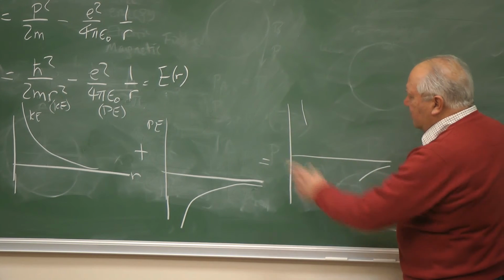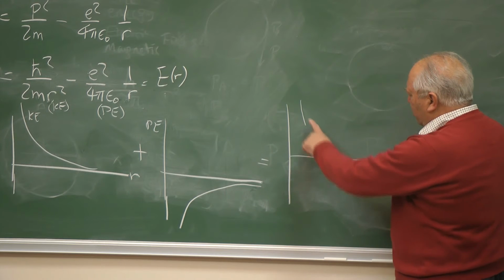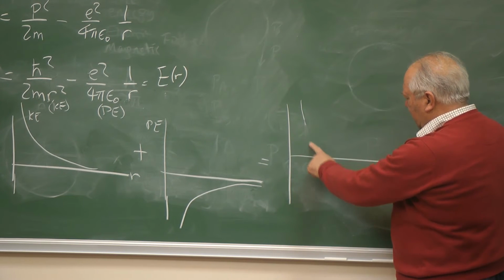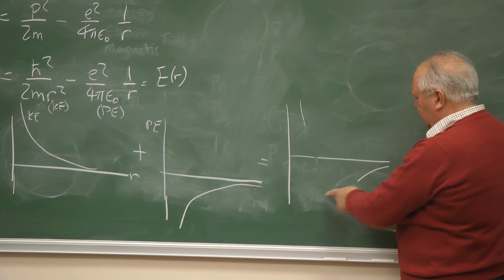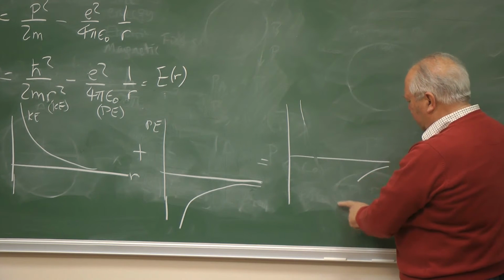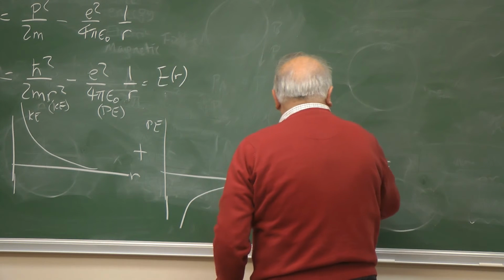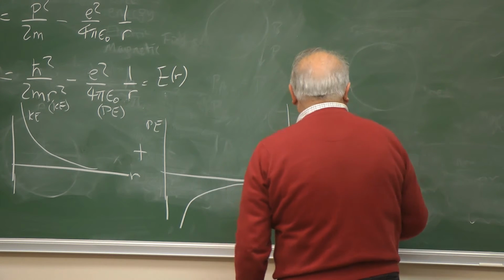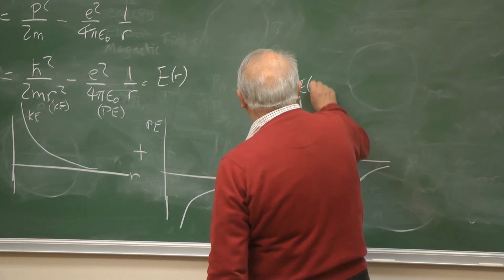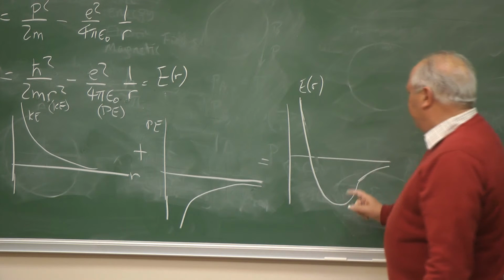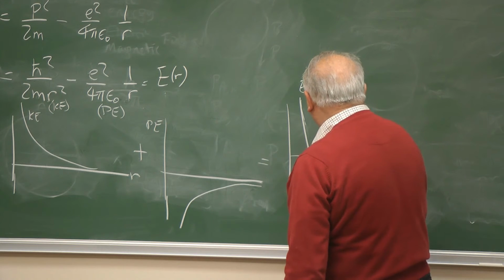Obviously, 1 over r squared and 1 over r are continuous functions, so it's obvious that this term will come down, and at some point will stop going down and turn around and go up. So it is like that. So this is E of r. So there is a minimum of this energy. Let's say it happens at position r0.